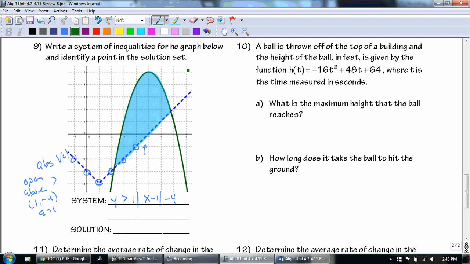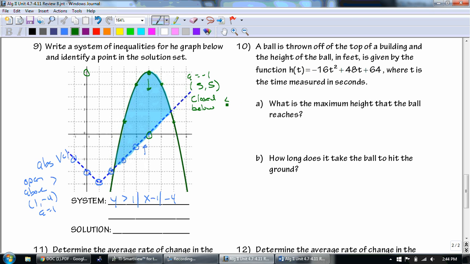Okay, let's look at the quadratic. The first thing I'm looking at is my pattern, and it looks like it's a negative 1 pattern because it's going down. My vertex is at 5, 5. It is closed, and we shaded below.